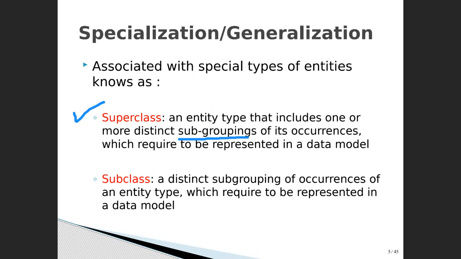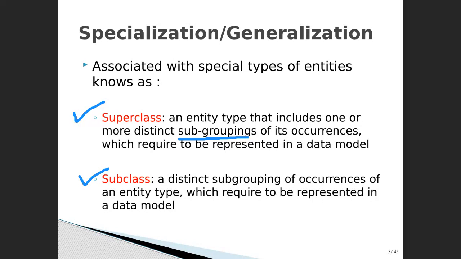For example, if I talk about the staff entity, staff can be of different types, like managers, supervisors, and workers. Yeah, exactly, so we have three subgroupings. What do we call staff? Superclass, exactly. And all subgroupings under the superclass are subclasses.